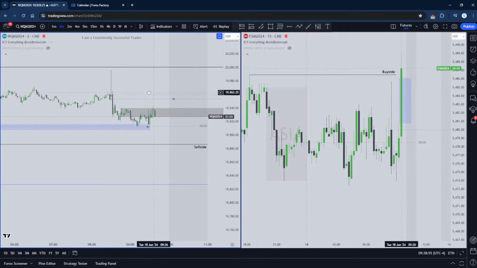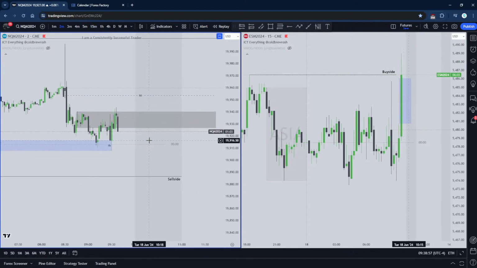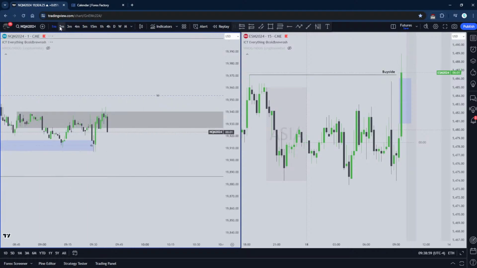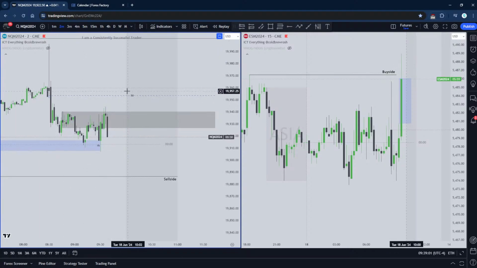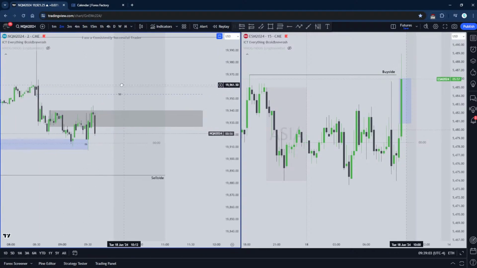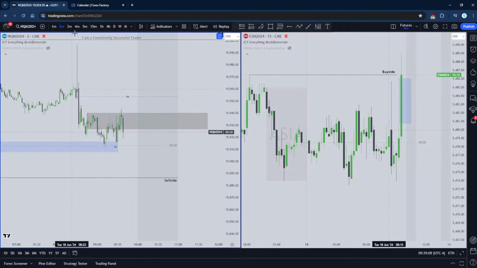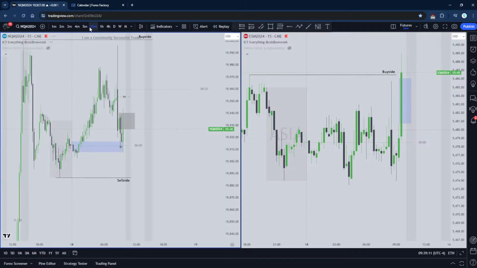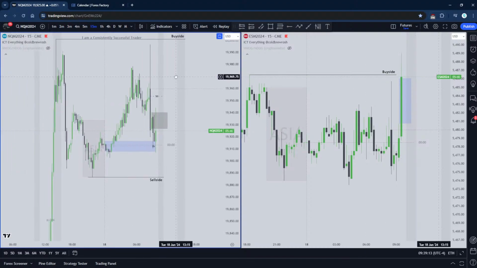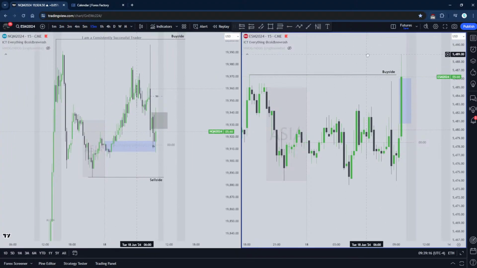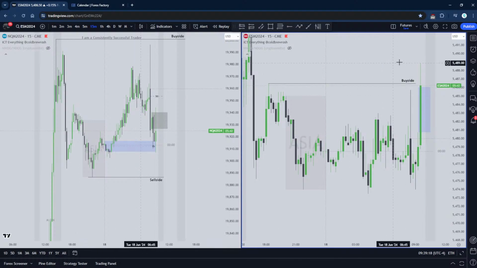As much as I would like to sell this, if it gives any kind of pattern, I can't. I have to have that 50% ticked. I'm gonna stay patient. At the moment, this is looking more like a liquidity sweep.